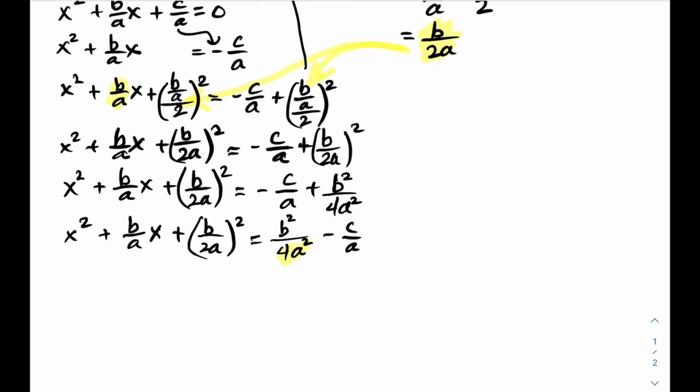You're going to find the common denominator between 4a squared and a by multiplying a with 4a and to the numerator.